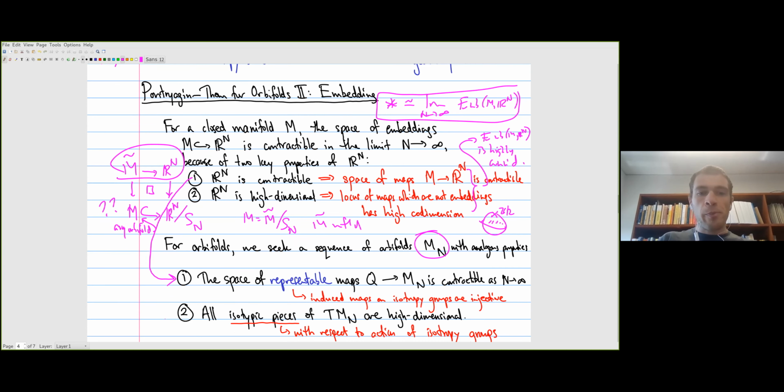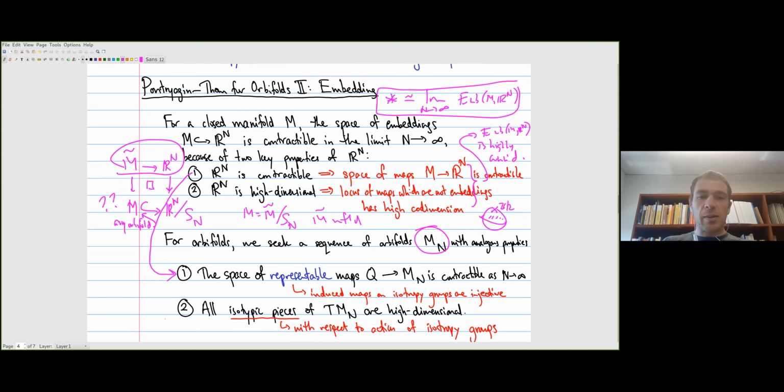So that replaces property number one. Property number two is that when you take the tangent bundle to Mn and look at the fibers, a fiber over a point with no isotropy is uninteresting. It's just an m-dimensional vector space. At a point with isotropy group G, you can decompose the tangent space into representations of G. And I want all of the irreducible representations to occur with very high multiplicity.